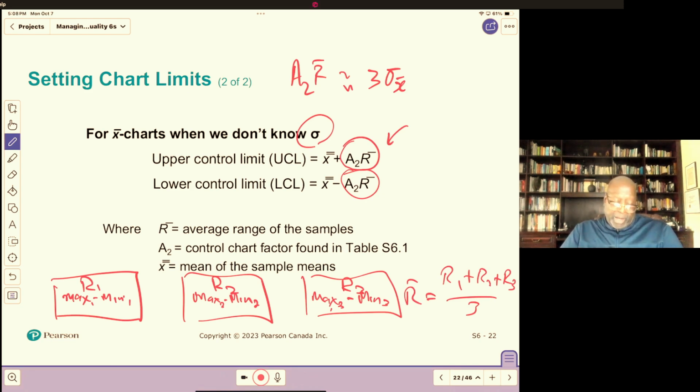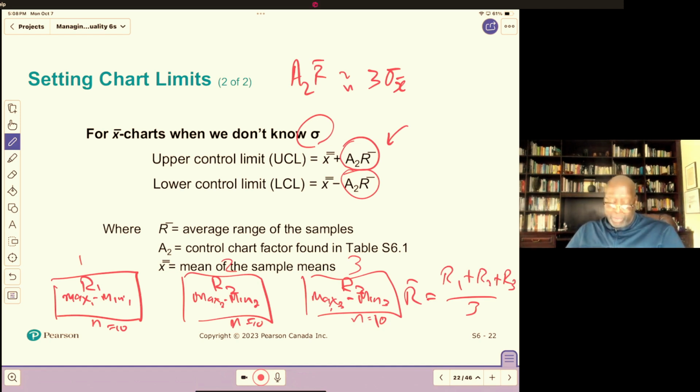We would need to know what the sample size is for each of those, of course. And then each of those samples will have an average. For example, if our sample size was 10, we would take the 10 items from sample 1, sample 2, sample 3, and calculate the mean for each. That would give us our X bar 1, X bar 2, X bar 3.